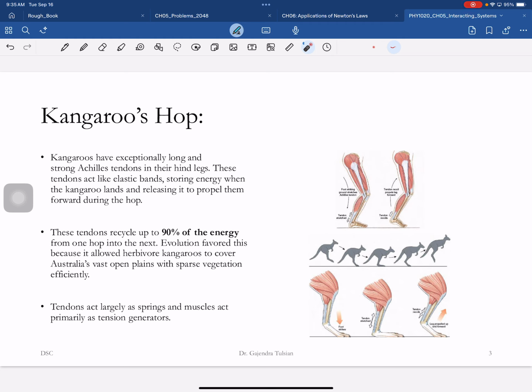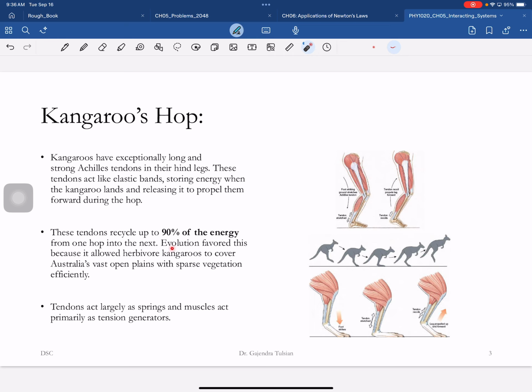Here's a kangaroo landing, and as it's landing, this muscle pulls on it and the tendon stretches. It's like you've stored energy in a spring. Then when it jumps back, most of the stored energy is given back to the jump. These tendons recycle 90% of the energy from one hop to the next.